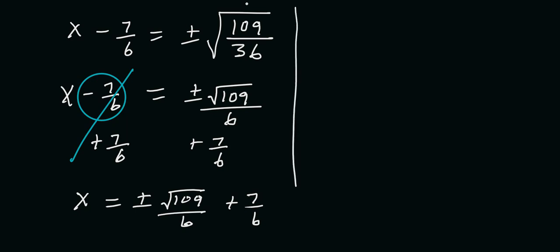So now we have both plus and negative sign here. So let's first of all consider the positive side of that. So x will be equal to the square root of 109, which is 10.44 approximately, over 6 plus 7 over 6.